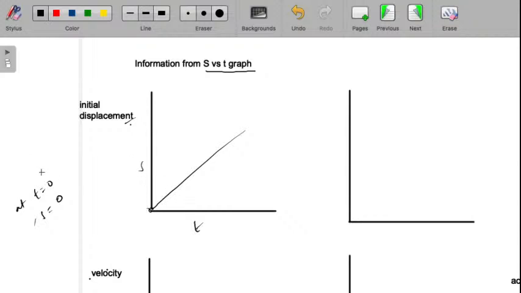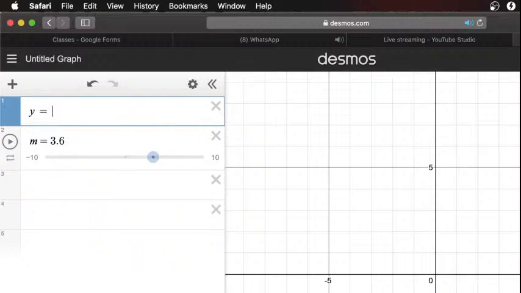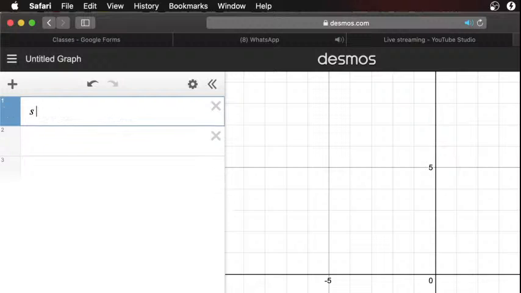But if the same graph is just shifted upwards, let's say, right? Now, I have s equals 2t, where s is my displacement. This is a graph that's passing through the origin.